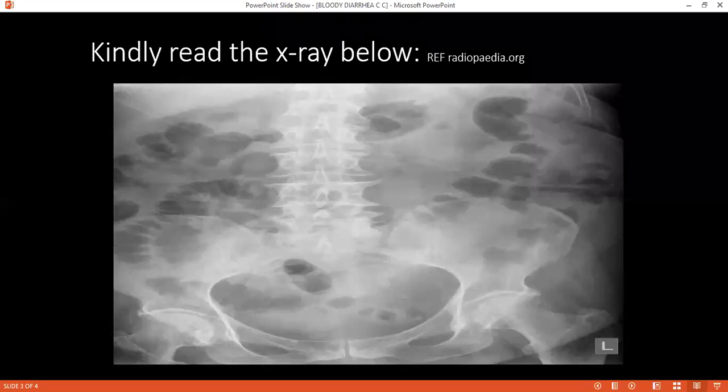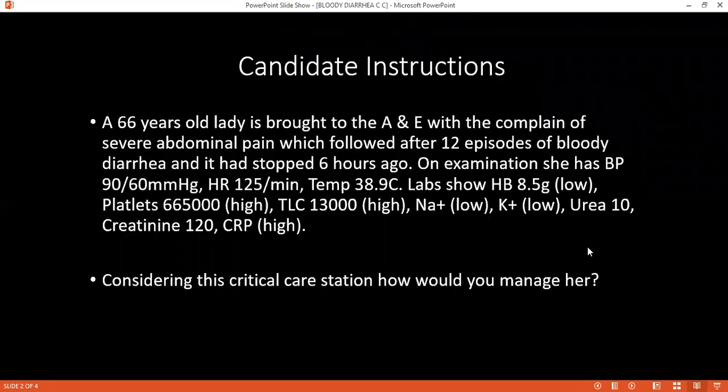Very good. Can you please tell me how you would decide which antibiotic to give this patient, as the patient has raised CRP, raised TLC, and fever? So you know that the patient has an underlying infection or sepsis, as you said. Follow up the patient according to the antibiotic.